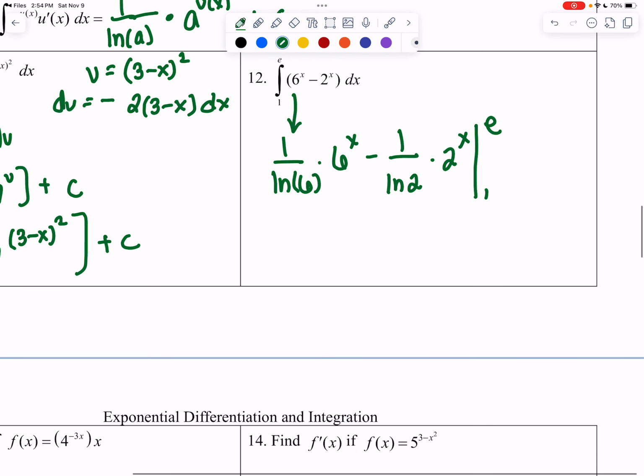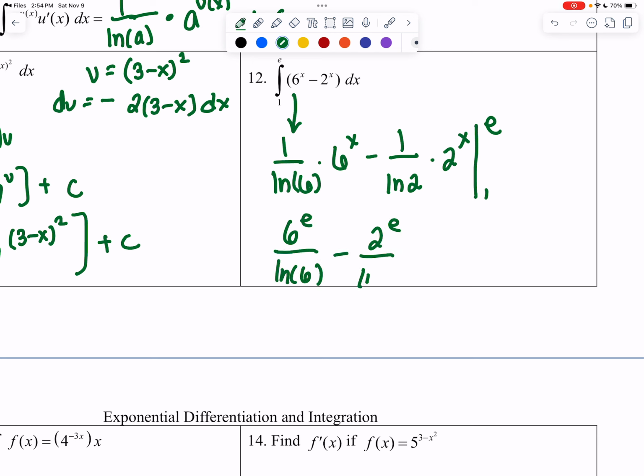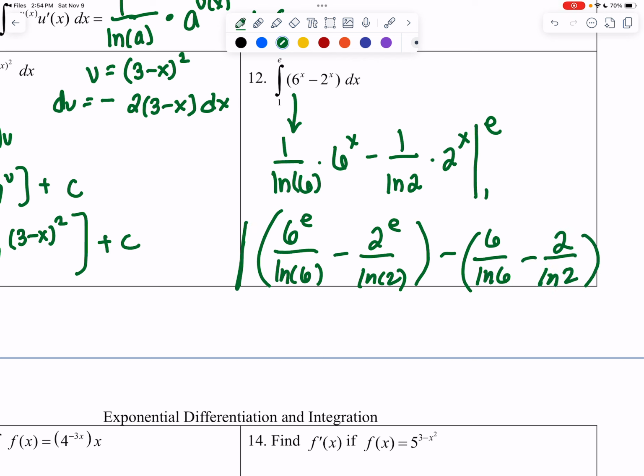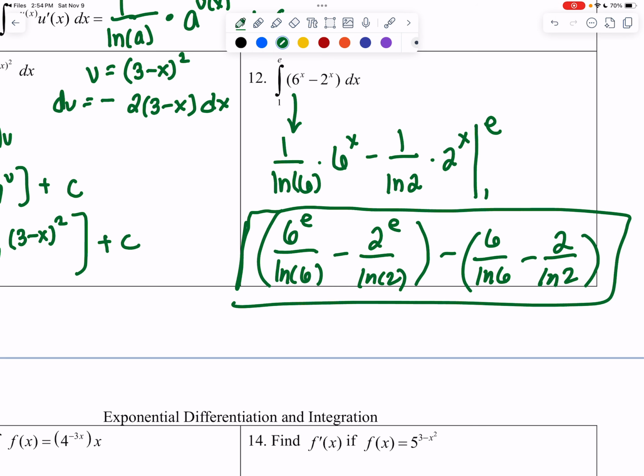I'm going to plug in everything I know now. So I'm going to have 6 to the e over ln of 6 minus 2 to the e over ln of 2 minus 6 over ln of 6 minus 2 over ln of 2, and call it a day. Just leave it like this.